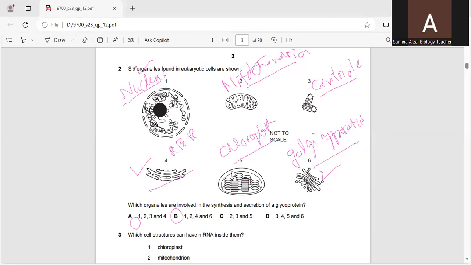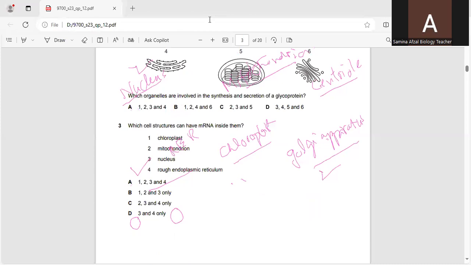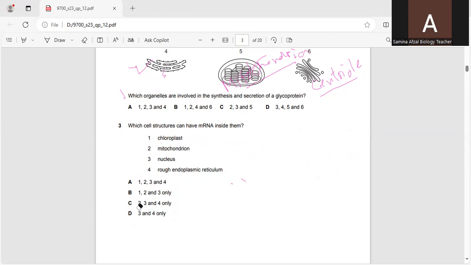Question number 3: which cell structures can have messenger RNA inside them? Chloroplast has a specific function in photosynthesis, then mitochondria and nucleus.